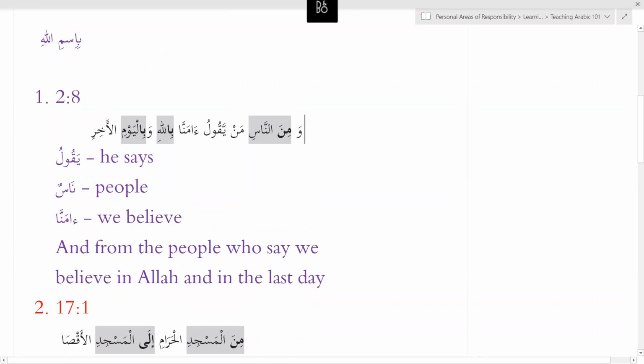Very good. Now, important here. Waminan nasi. Why has nasun become un-nasi? Because we have min. So from the people would be nasu, but because we have min, the nasu will become nasi.